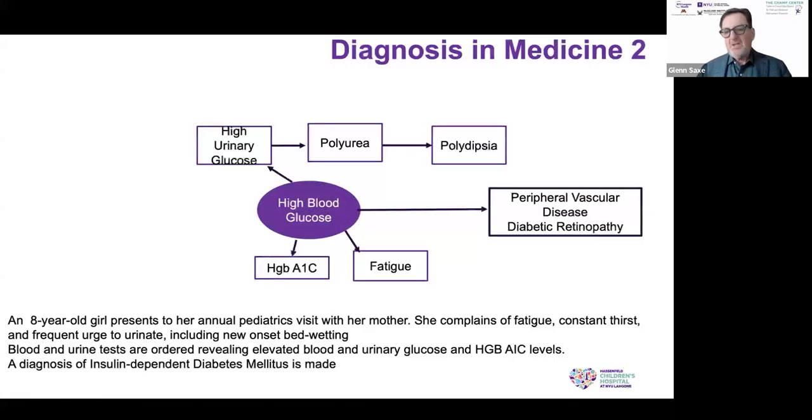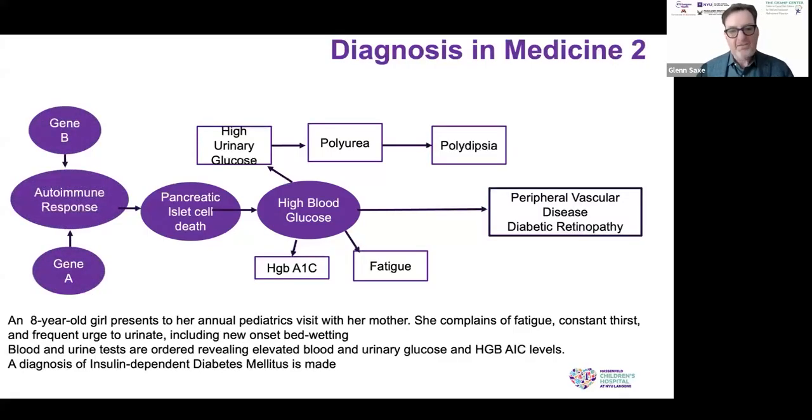So again, diabetes causes peripheral vascular disease, diabetic retinopathy that can cause blindness, all of that. This is diabetes, but we also see these symptoms and signs are not causally related. And diabetes is related to the autoimmune death, killing cells in the pancreas that make insulin that metabolize glucose.